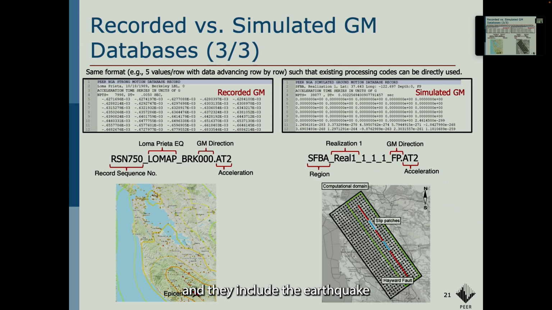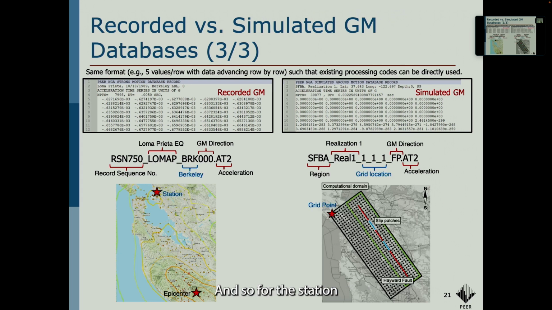They include the earthquake name, here the name of the actual earthquake, and the region-realization combination, the location of the ground motion, which I'll get to in a second, and the direction or component, measured with respect to north in NGA, and in the case of simulated motions, fault parallel, fault normal, or vertical. The extension indicates whether it's acceleration, velocity, or displacement.